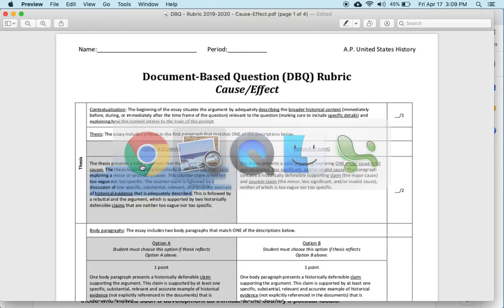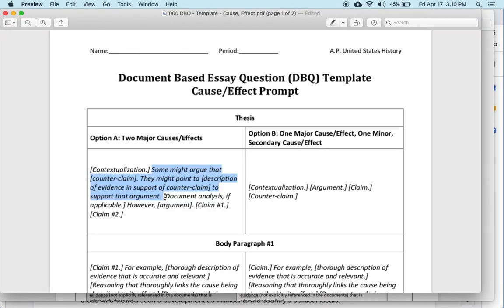This is not something you have to do, but notice how in the template, I suggest that, again, this will depend on what you're arguing and what kind of documents they provide to you. Sometimes you might find yourself in a position where you are using documents in the thesis, and that's okay. I actually ended up using 3 documents.